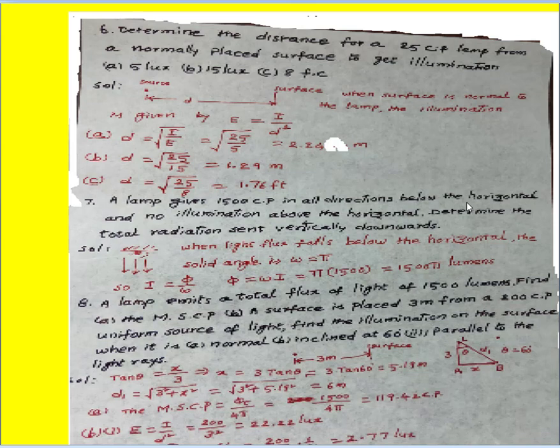So the solid angle here becomes pi, that is omega becomes pi, and the luminous intensity is given as 1500. From this we can calculate the flux emitted by the light source, that is phi is equal to omega into I. Omega is pi, and I is 1500. So we get 1500 pi lumens.